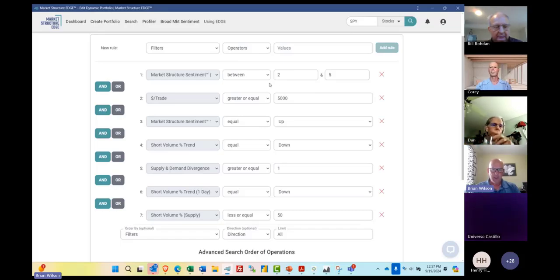This would be capturing companies that have sentiment between 2 and 5, but sentiment is starting to rise. You're capturing companies that are a little bit greater size. You're kind of weeding out some of the small caps. Short volume is moving lower. So it's some of the normal criteria that we're looking at in momentum or low volatility, but it's trying to capture the beginning of that cycle.